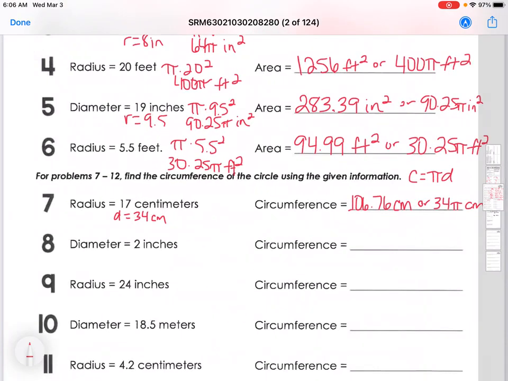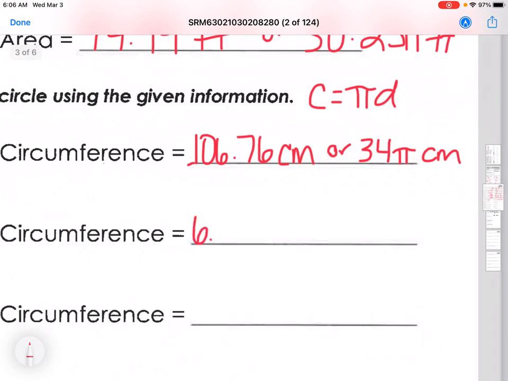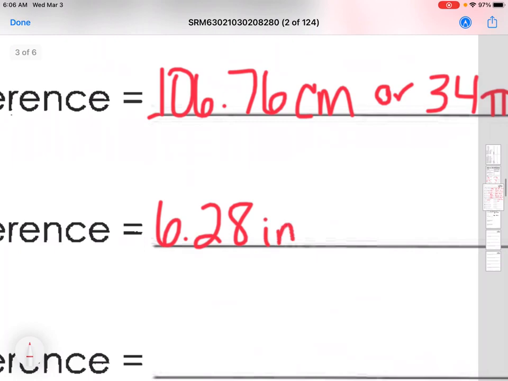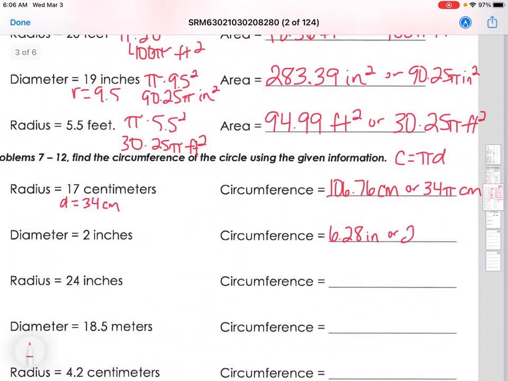Okay, if our diameter is 2 inches, then we know it would be 2 times pi, which would be 6.28 inches, or 2 pi inches.